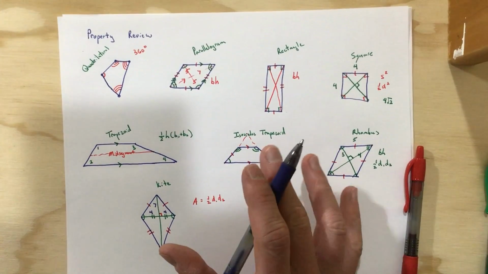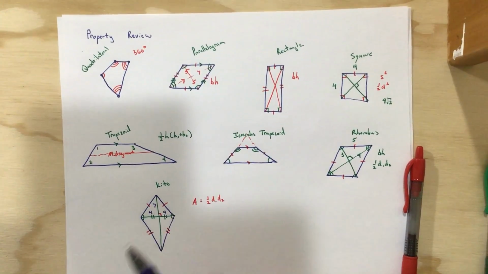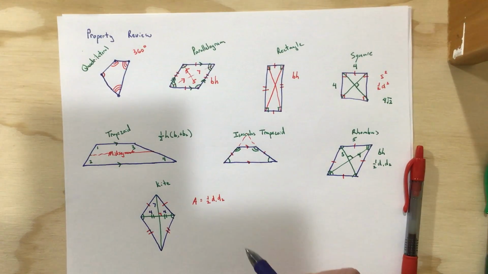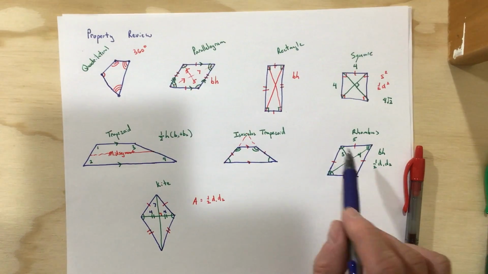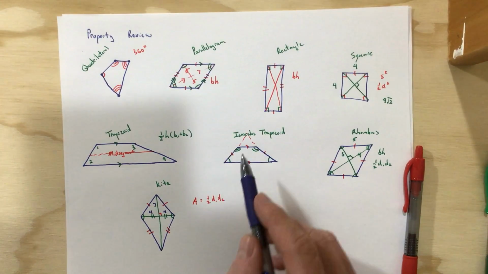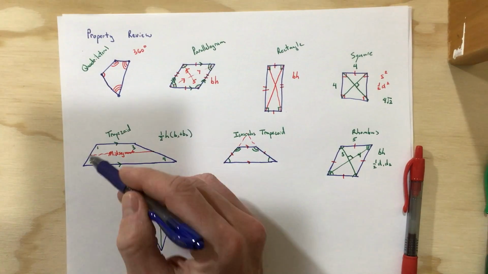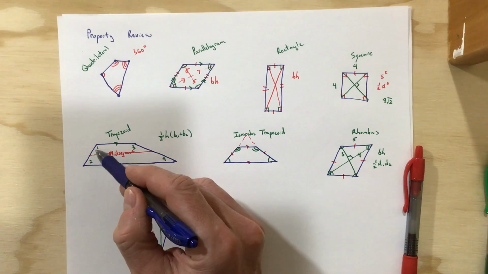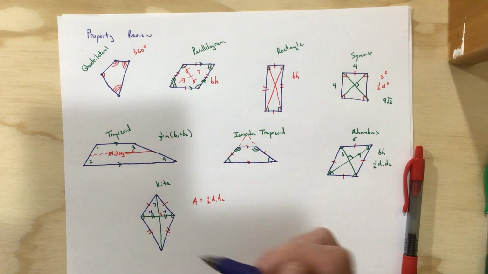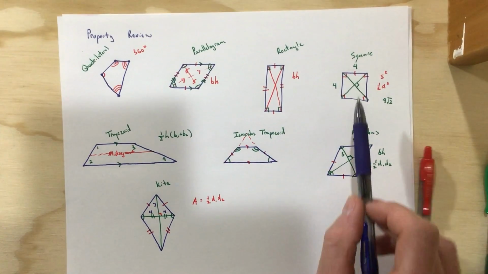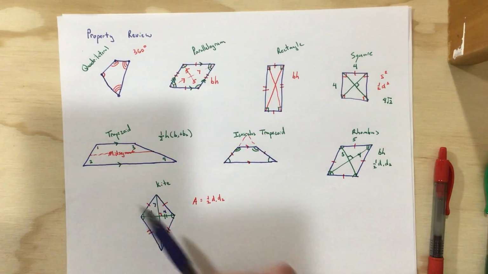Again, you're going to do a whole review of the properties and solving for x and solving for y and using mid-segments and finding area, using the Pythagorean theorem, using slope, setting two things that you know have to be congruent and setting them equal to each other, taking two things that you know add up to 180 and solving. So you're going to do a lot of problem solving, but it really comes down mostly to just understanding those properties.